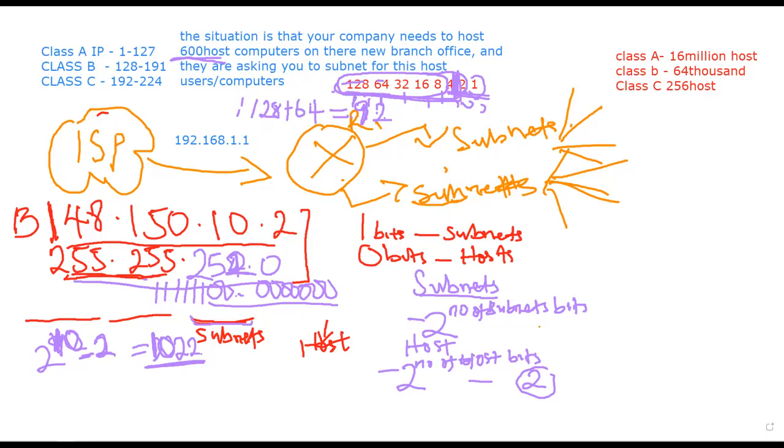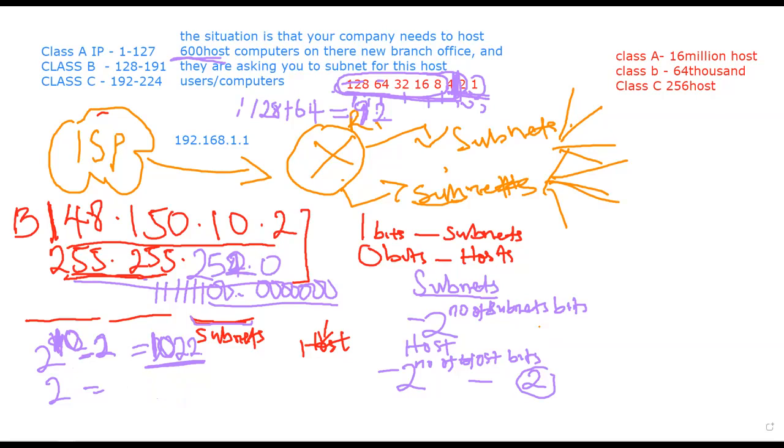So don't forget, how many subnets are we going to have? Sorry, that's my error. I was asking, in this situation, how many subnets are we going to have in this network?